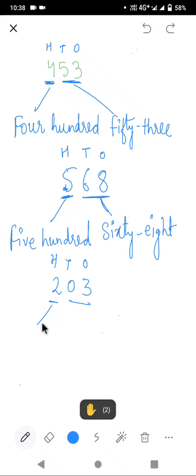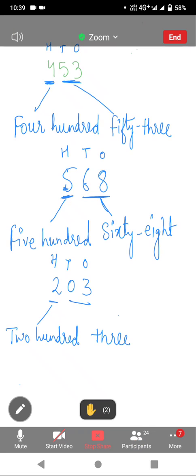This is 2 at hundreds place, so we'll write two hundred. Then in the second part we have 03, so we will not write the spelling of 0 here. Just write three only. Two hundred three. No need to write 0 here. Understood?